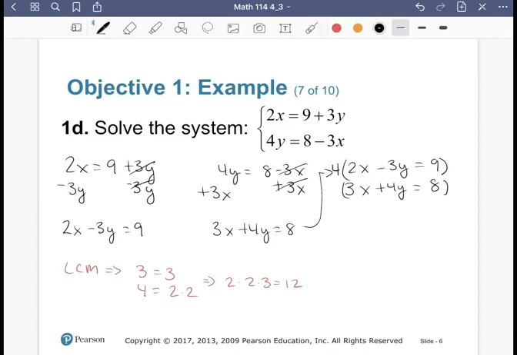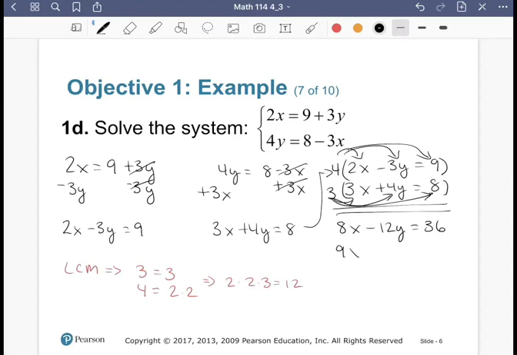And the bottom equation, I'm going to multiply by 3 and distribute. So this means that I have 8x minus 12y is equal to 36. Distribute. So I have 9x plus 12y is equal to 24.